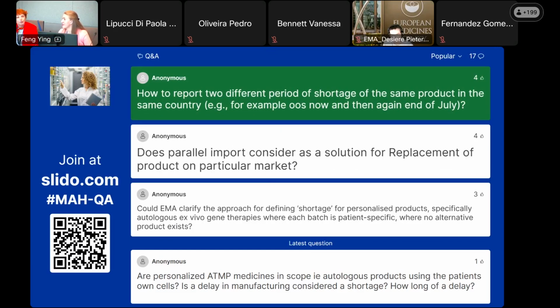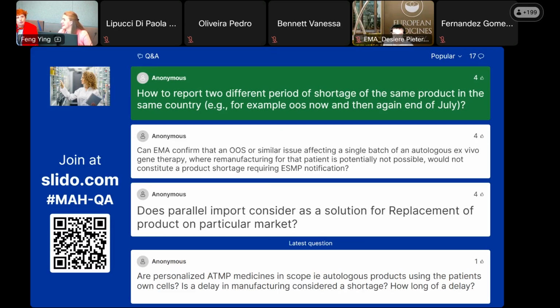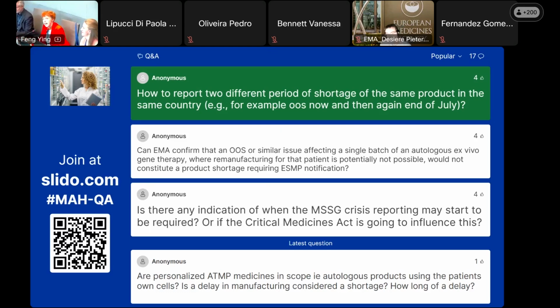How to report 2 different periods of shortage of the same product in the same country, for example, out of stock now and then again end of July. Excellent question. Can I hand over to you, Sophia? Yeah, please. So I would say, of course, use the shortage start and end dates for the first shortage. And then if you're aware of any other shortages that will be happening, do add that in the free text field where you can add additional information.